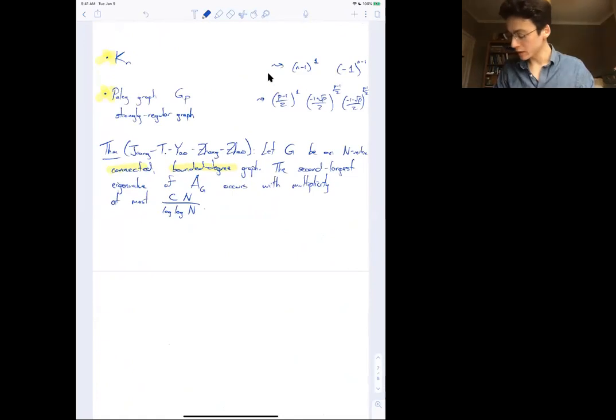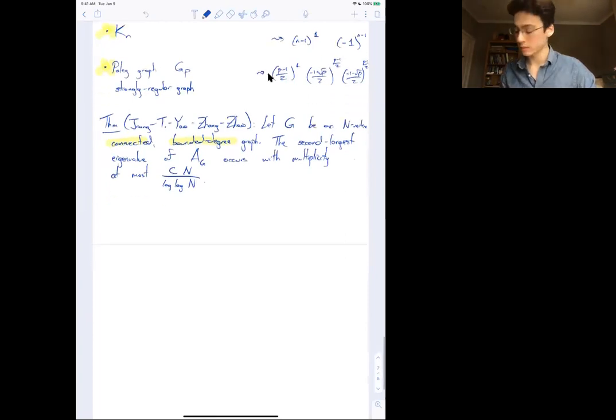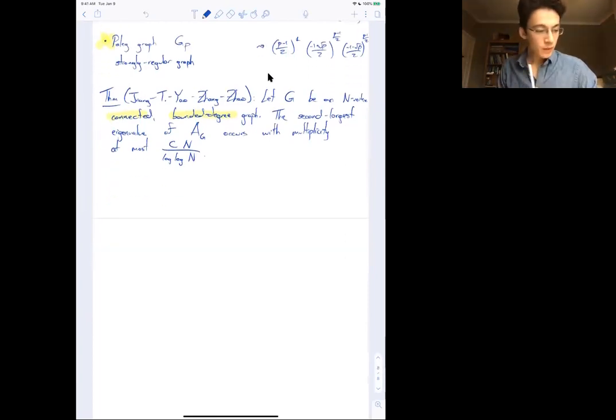I only have a couple minutes left. Let me mention a couple related problems to this second eigenvalue multiplicity result. You might ask, are there any connected bounded degree graphs with large second eigenvalue multiplicity? And the answer is yes.